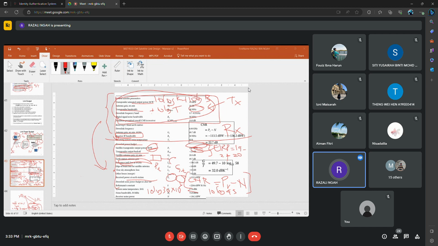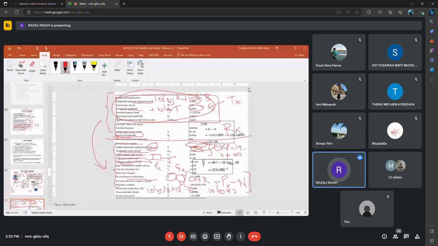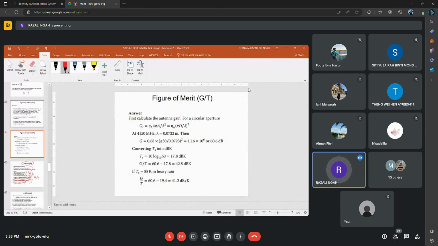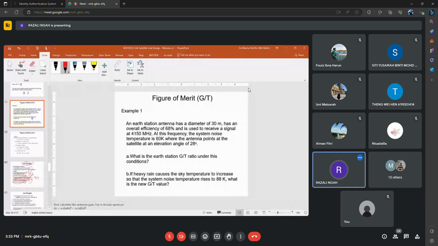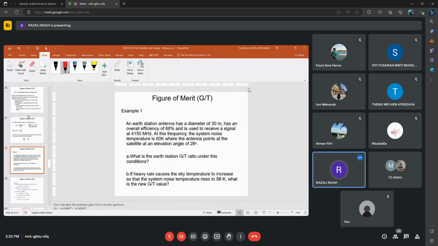Okay. So, is there any other question? In this slide, they mention G over T. G over T, as I mentioned, is what we call the figure of merit to determine the sensitivity or the performance of the receiving system.